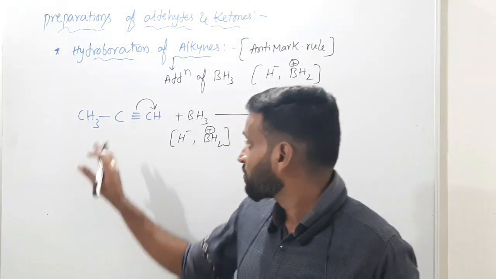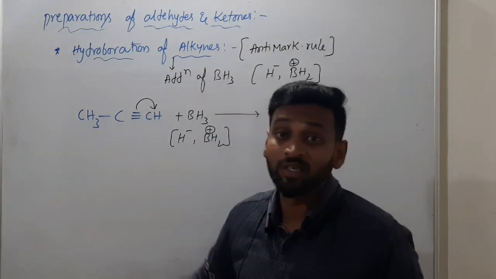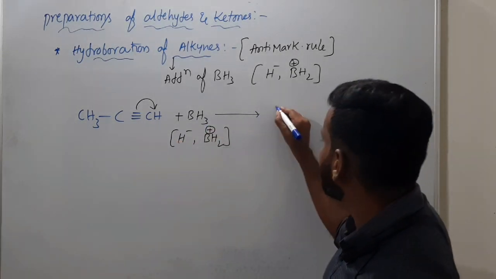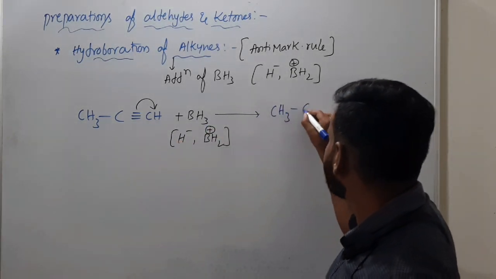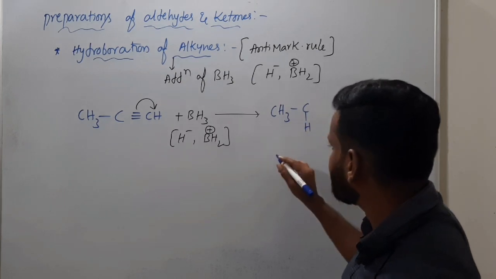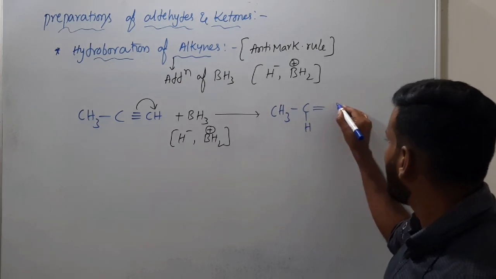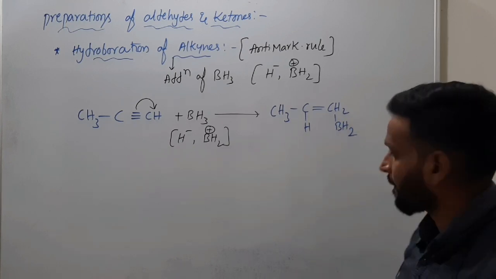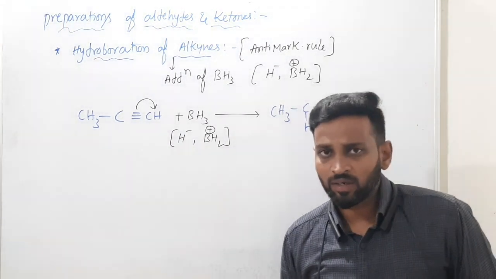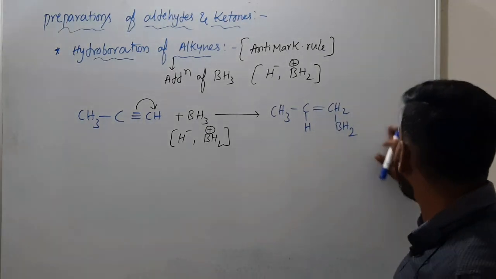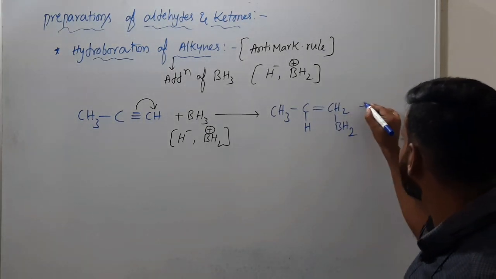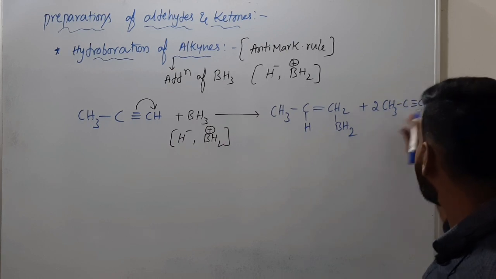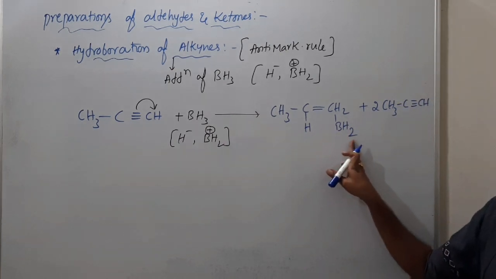So CH3C triple bond CH, for that I am adding BH3. This we did already for double bonds. You can revise alcohols preparation once. So what you will have here: CH3, C, and H here with a double bond, and here CH2 and BH2. Correct or not? So this will form, and this will react with how many? 2 moles of CH3C triple bond CH can react, because 2 more hydrogens are there.